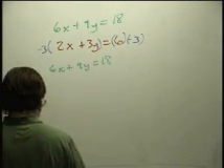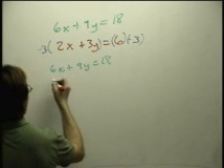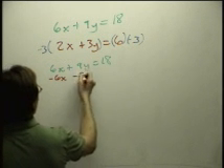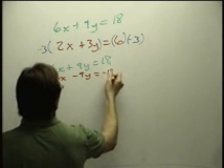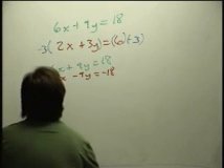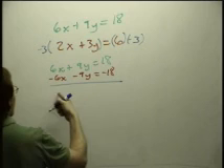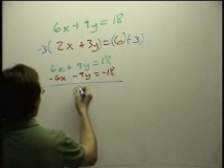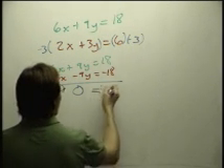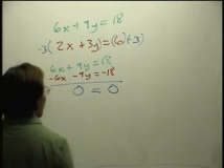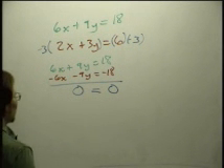Our second equation will become -6x minus 9y equals -18. And when we add these two to eliminate the variable, the x is eliminated and the y is also eliminated. On the right, our constants end up being eliminated as well.